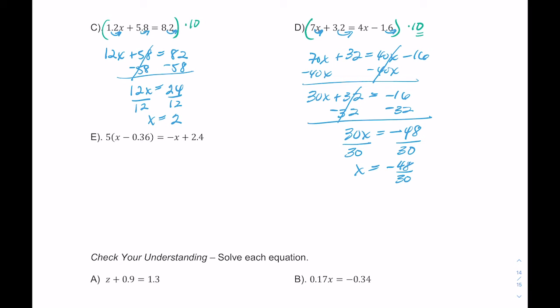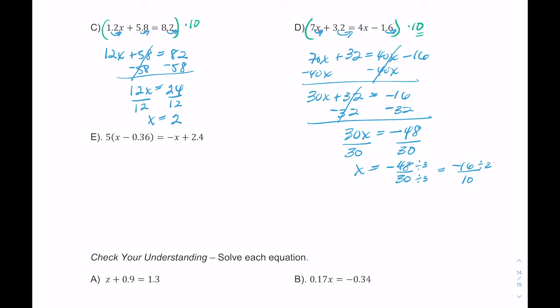So they're both even numbers. You could try 2, but I also know that 3 goes into it. So I'm going to divide by 3. And negative 48 divided by 3 is negative 16, and 30 divided by 3 is 10. Okay, so since I have two even numbers, that means that I could simplify it again.